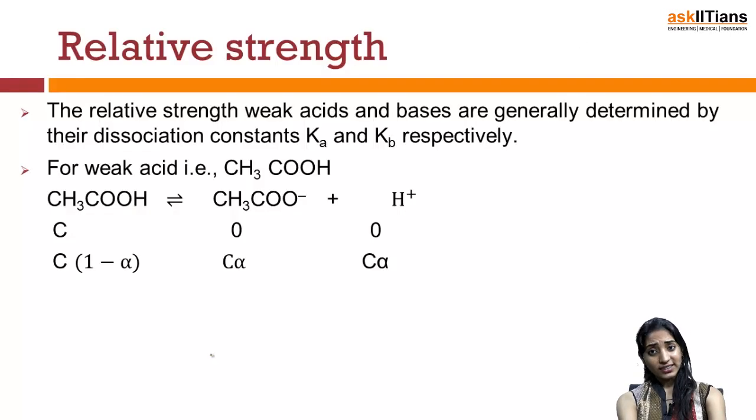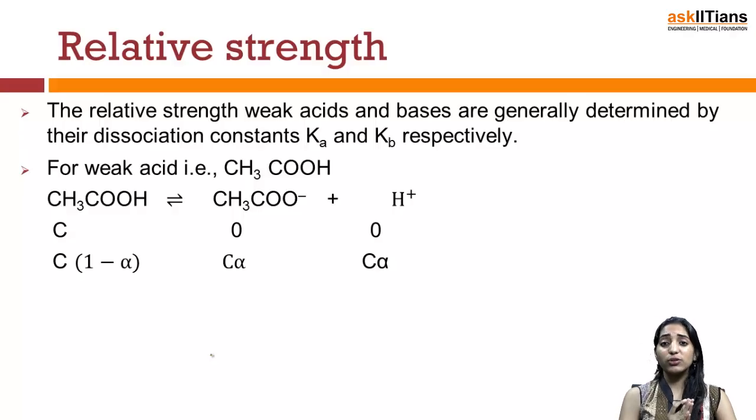Now since we have discussed how to find the pH of different solutions, let's try to correlate what we mean by the relative strengths of different acids. In the last few slides we have already discussed that whenever we define the strength of any acid or any base, we have to focus on the acid dissociation constant Ka and the base dissociation constant Kb.